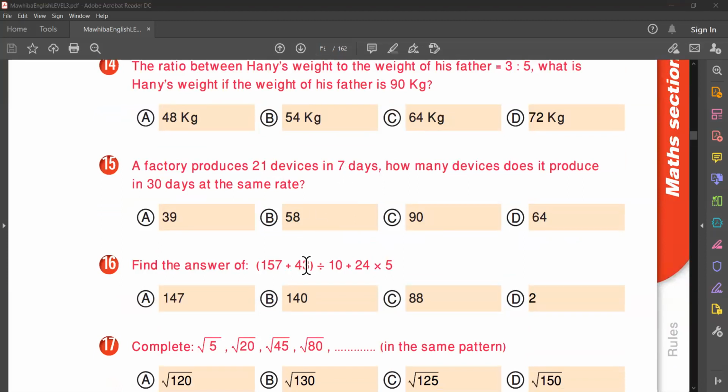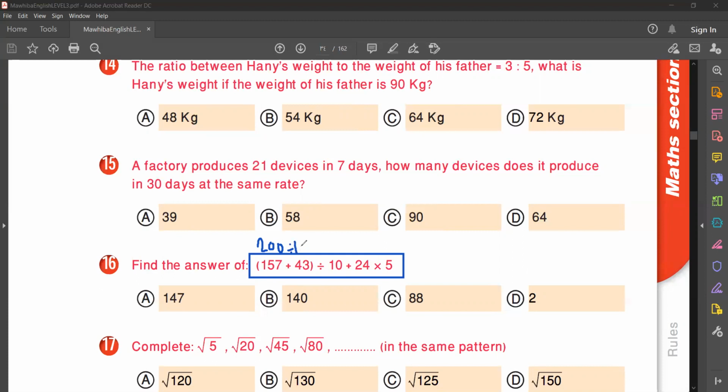Now, find the answer. How do I find the answer here? You add 157 plus 43. You add only. If you add it, you get 200 here, right? 200 divided by 10.